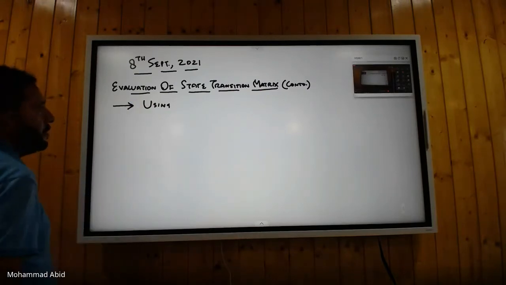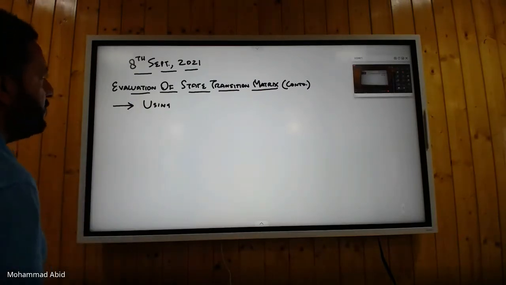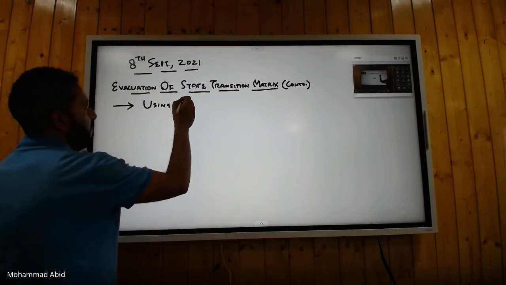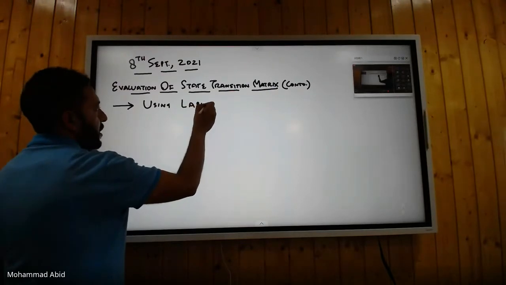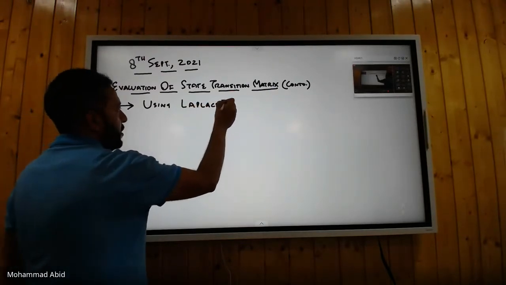So, we'll continue with the same topic, that is evaluation of state transition matrix. We've already discussed two methods of evaluating the state transition matrix. One is using Laplace transform method.